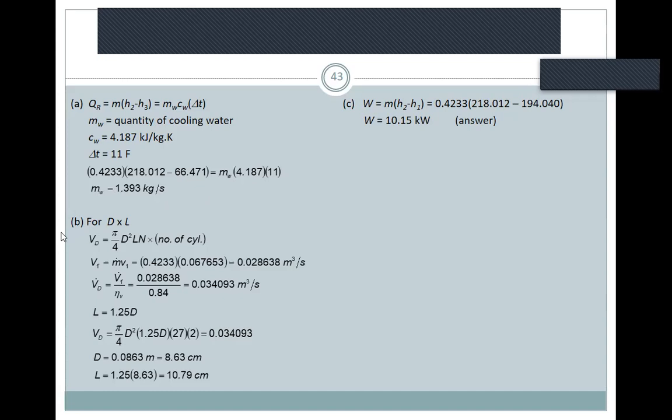For bore and stroke, ano yung bore? Diameter. And stroke is the length. So B sub D is equal to pi over 4 times D squared times L times N times the number of cylinders. N is the speed. Dalawa ba itong cylinder natin?